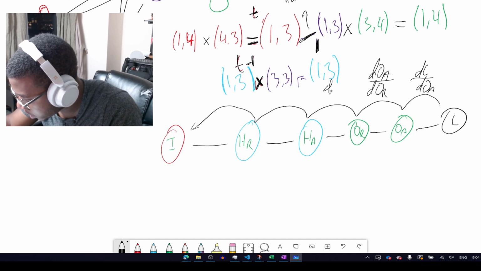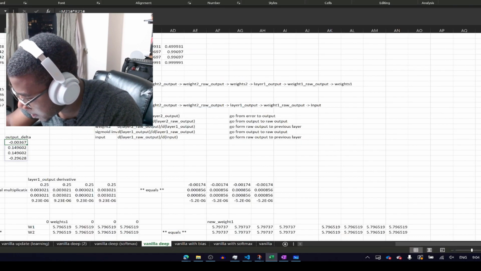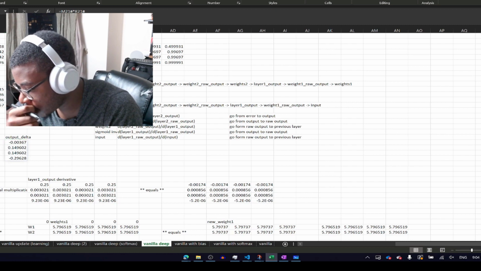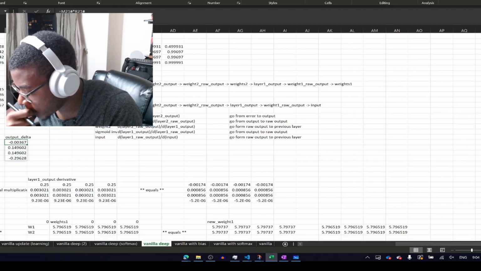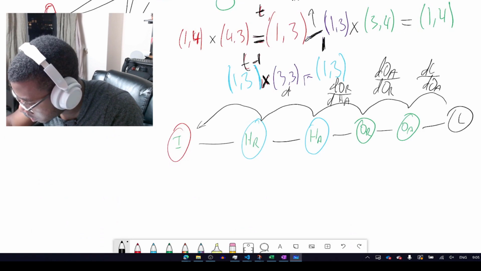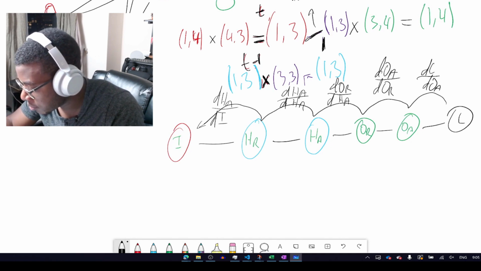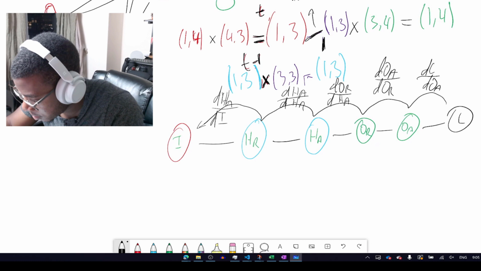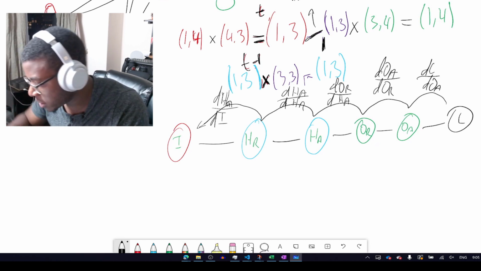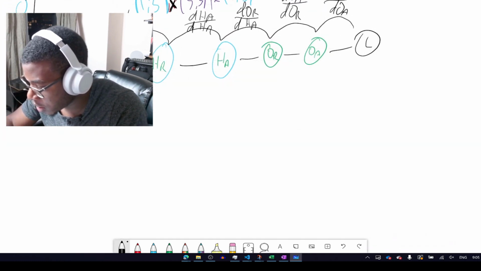And then this would be dOR over dHA. And then dHA over dHR, and then finally dHR over dI. So that's how it looks with a standard normal neural net.